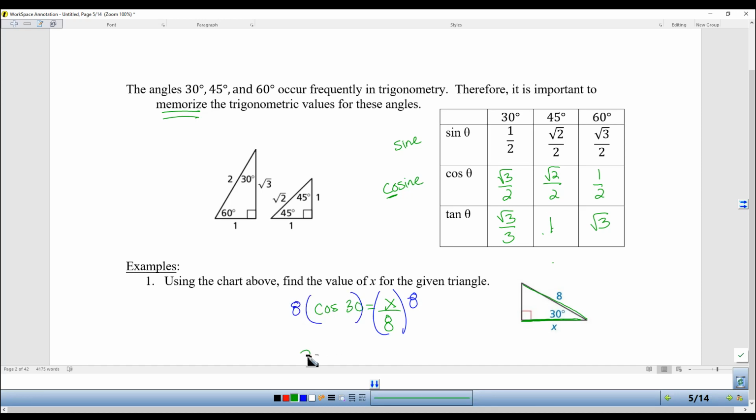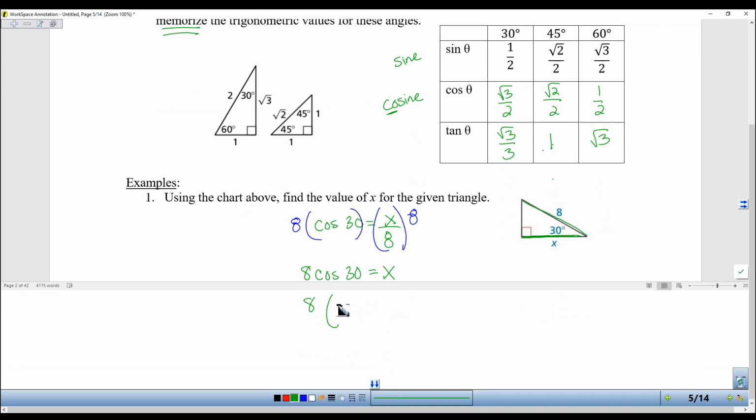So now I have 8 cosine of 30 is equal to x. And I could type that into my calculator, but I could just look at my chart. Cosine of 30 is the square root of 3 over 2. The 8 and the 2 reduce to just 4 and 1. So 4 square roots of 3 is the value of x.